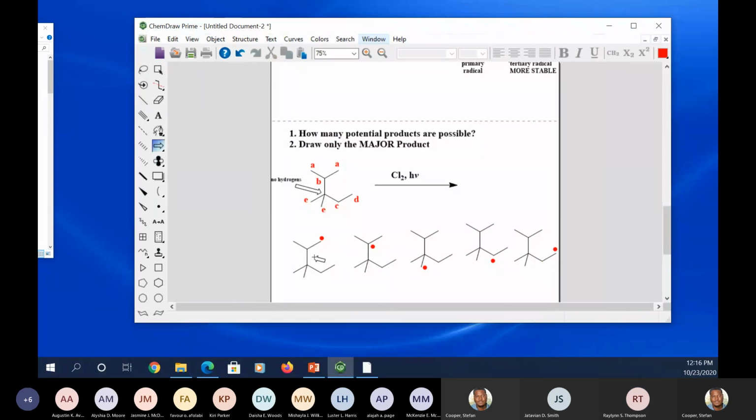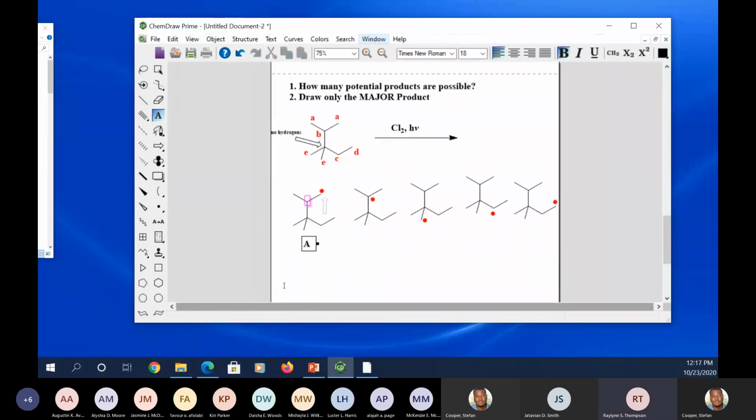So again, I look at the carbon that has a radical right here, and I realize there's only one carbon attached, right? Everybody is getting it right here. The radical from position A should be a primary radical.